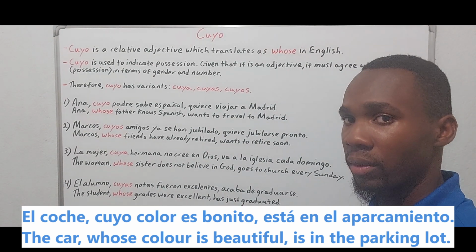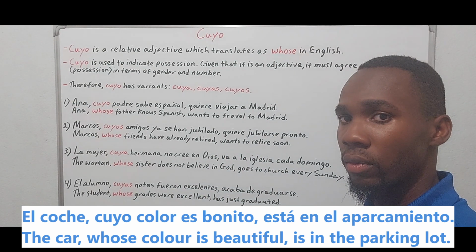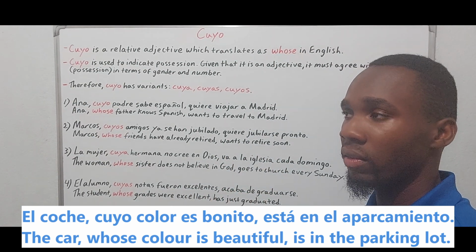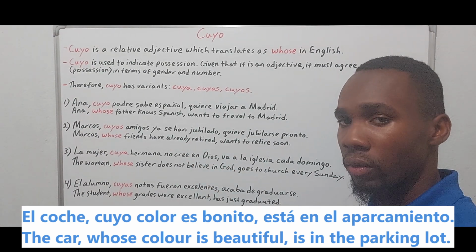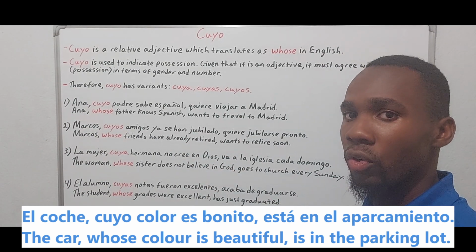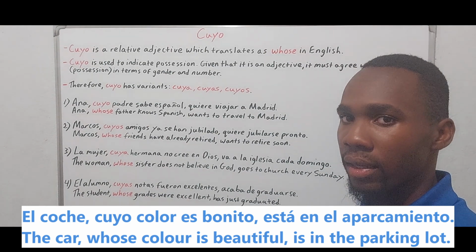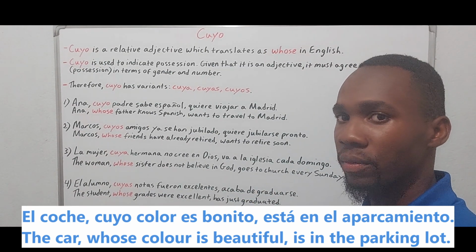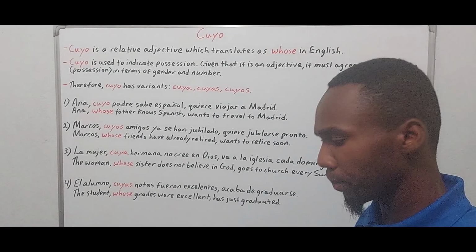So we have the subject, el coche, we have cuyo, because color is masculine and singular, and then we have the rest of the sentence. So, el coche cuyo color es bonito está en el aparcamiento. Muy bien.